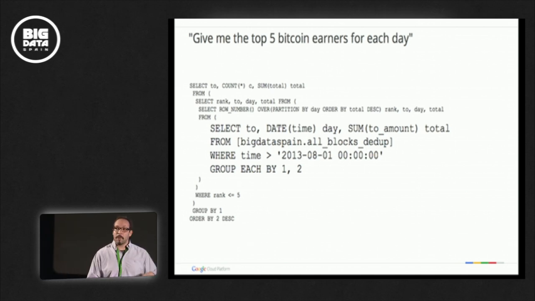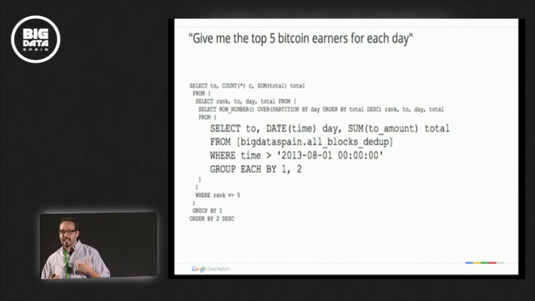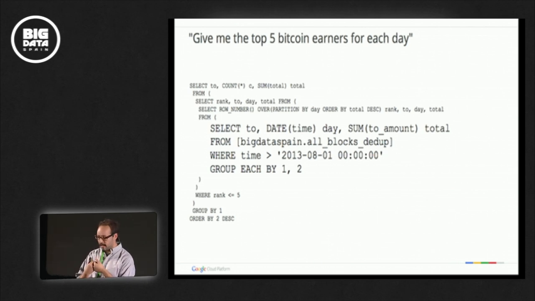For example, we will have a workshop later today, Bitcoin. I hope you can attend it too. We will go deeper into how to run queries. And in this case, I was asking this question: who are the top 5 sellers, or in this case, earners of Bitcoins for every day? How can you solve that with SQL? It's not easy with normal SQL.